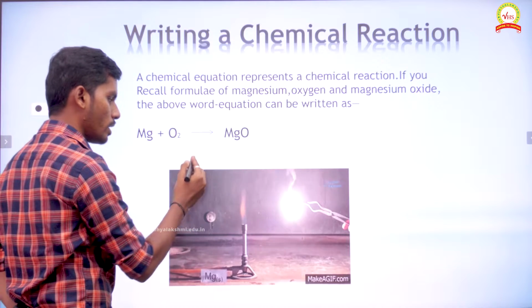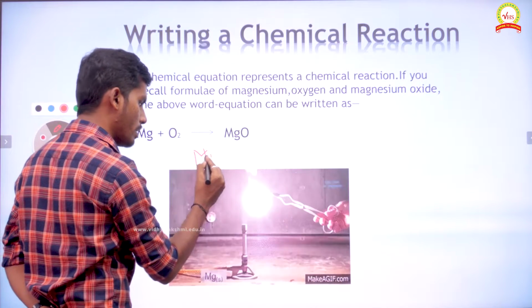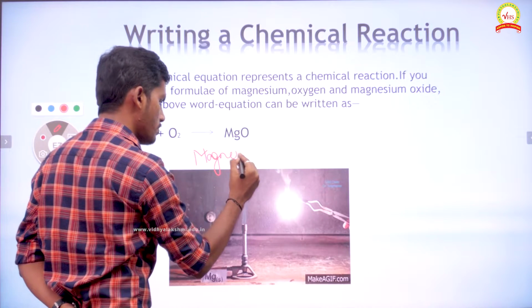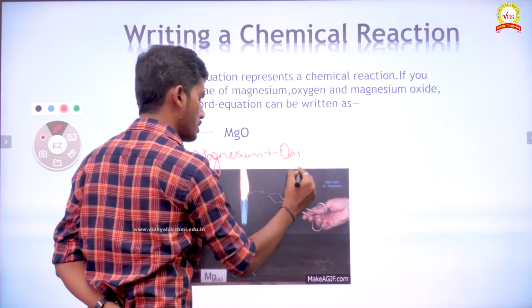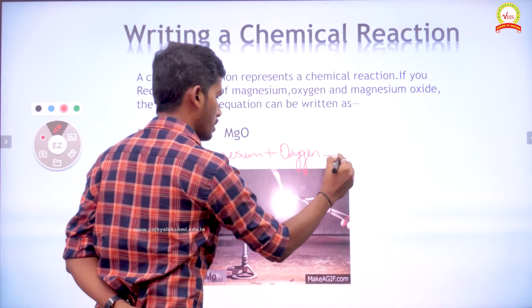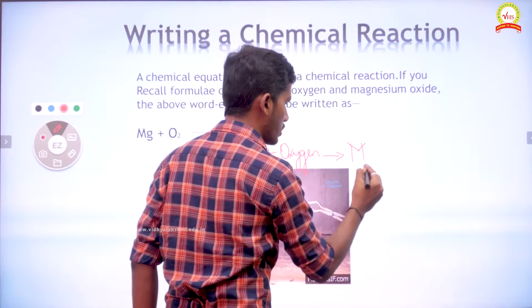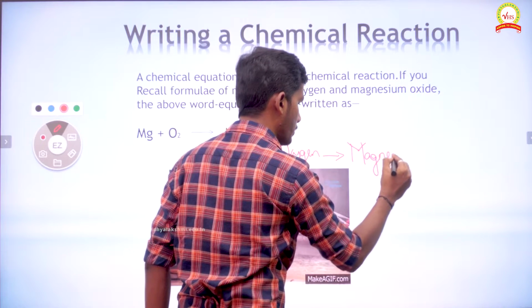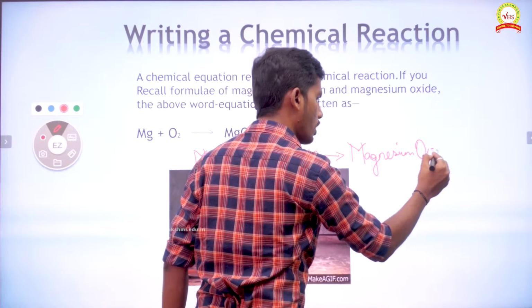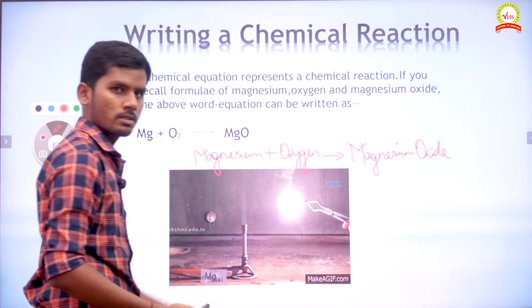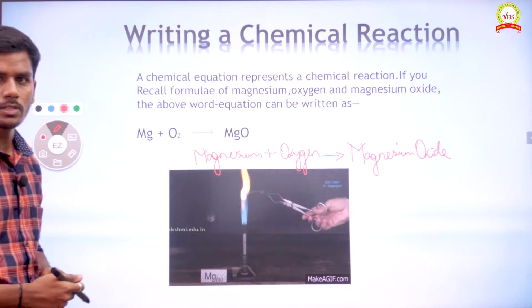So if you want to write it in the form of a word equation, you will write like this: magnesium, when burning in the presence of oxygen, gives magnesium oxide. Will it be possible to write all chemical reactions like this in the form of word equations?